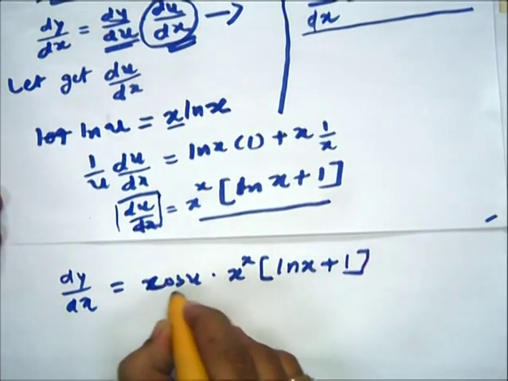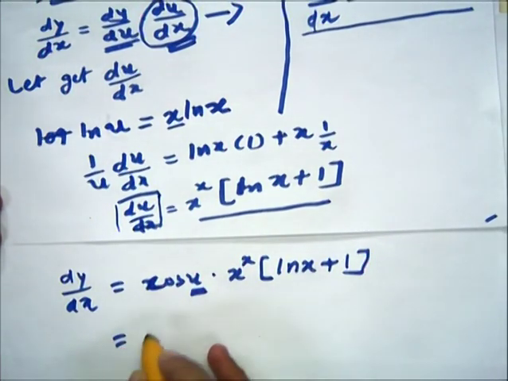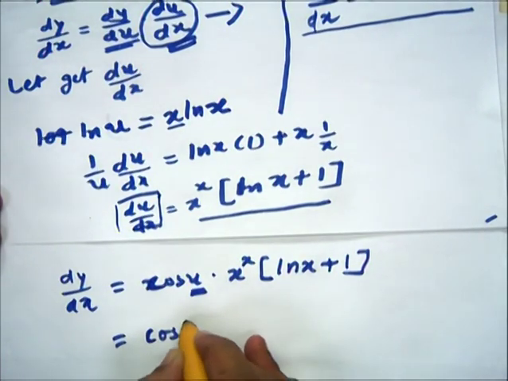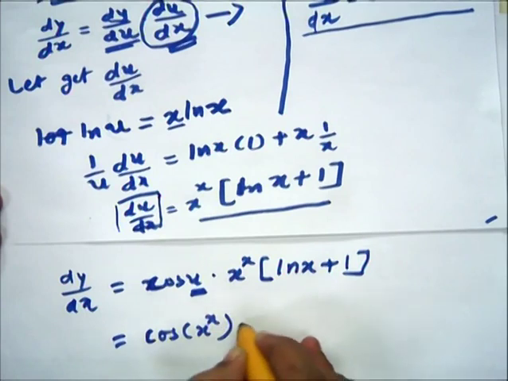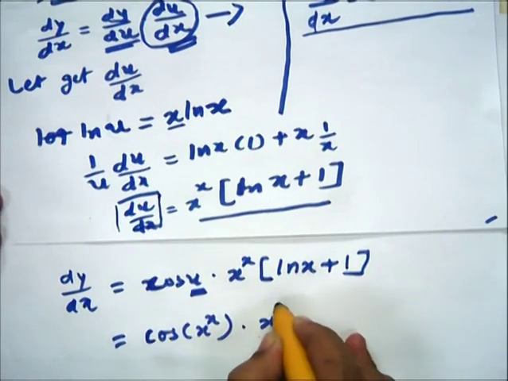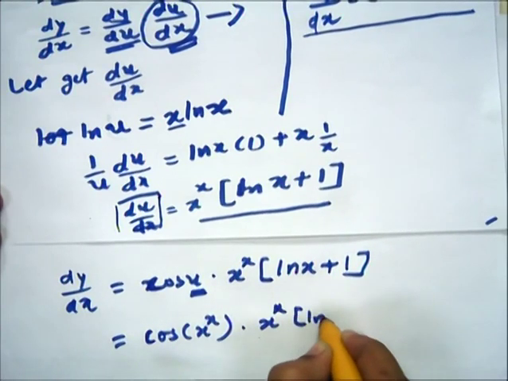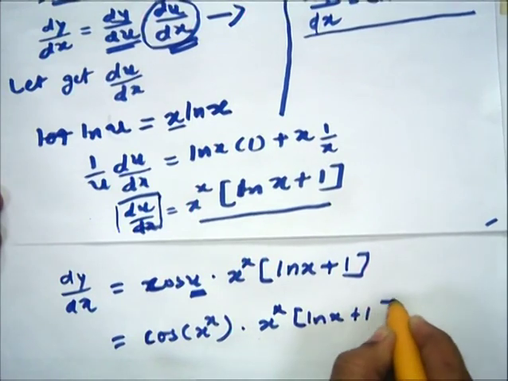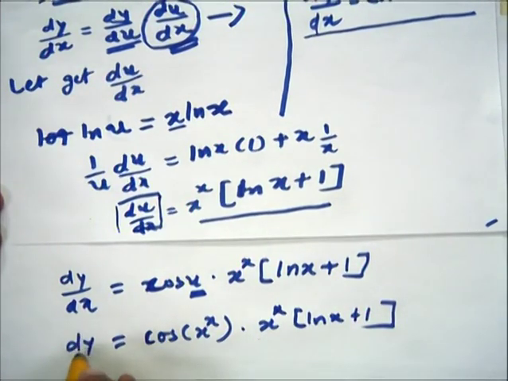Now replacing the value of u, that is x raised to x, we get cos of x raised to x, into x raised to x into log x plus 1, which is the derivative of y with respect to x.